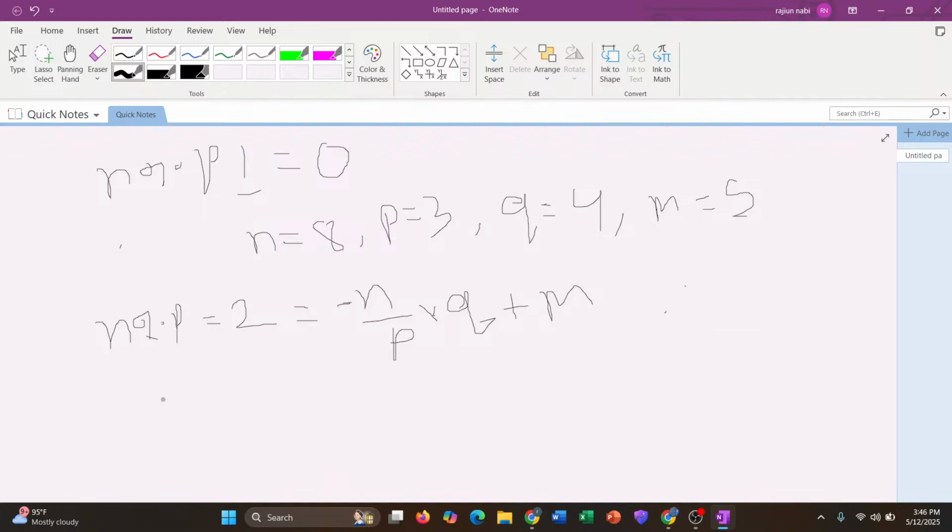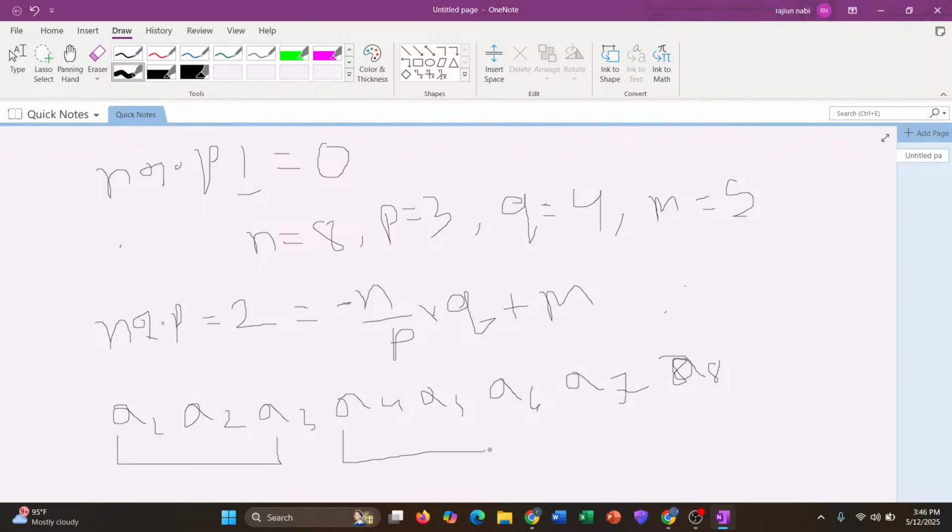now if we write the array a1, a2, a3, a4, a5, a6, a7, a8, this is the array of size 8. Then, like I said to you guys, if we divide it into 3 consecutive chunks, in every chunk, the first n remainder p elements, the sum has to be calculated before, which is -3.